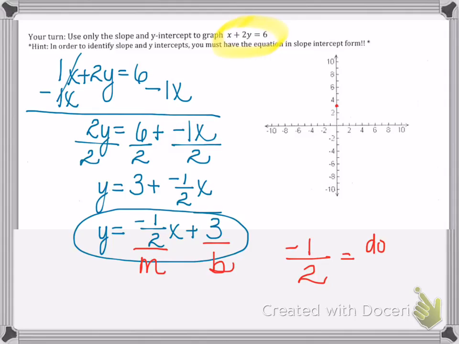So you're going to go down 1 unit and to the right 2. So put your pencil on your y-intercept dot of 3, and you're going to count out with me down 1 unit, landing at 2, and to the right 2. So your new dot should be at the ordered pair 2, 2.